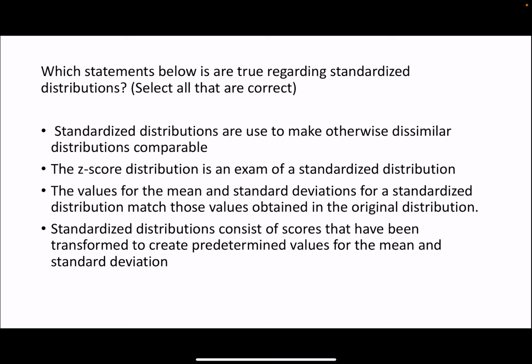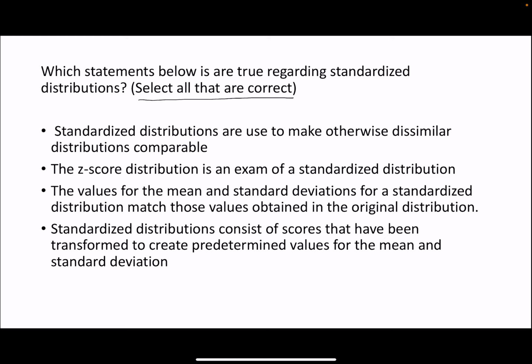Okay, which of the statements below are true regarding standardized distributions? And we are going to again select all that are correct. So it says standardized distributions are used to make otherwise dissimilar distributions comparable. What that basically means is exactly what we just did on the last problem.